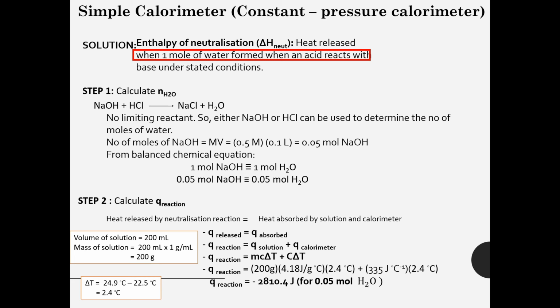So we just need to multiply the volume of the solution by the density of water to get the mass of the solution. 200 ml multiplied by 1 gram per ml, so you get 200 gram as the mass of the solution. Then you just need to substitute into the equation to calculate the Q reaction. This Q reaction is basically referring to the heat released when 0.05 moles of water is formed in this neutralization reaction.